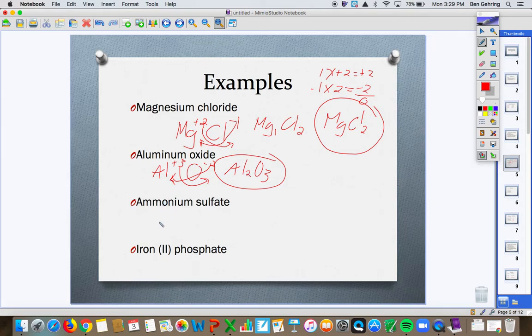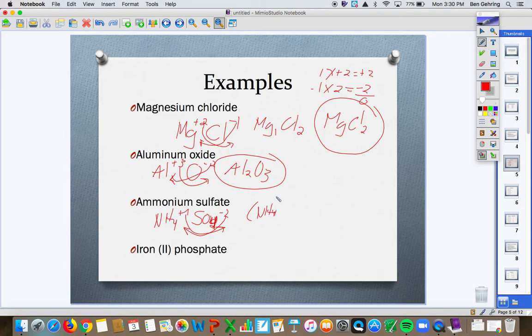Ammonium sulfate. So ammonium, symbol is NH4. Charge is positive 1. Sulfate, formula is SO4, charge is negative 2. I'm going to again cross and drop. This time, because I'm dealing with polyatomics, I'm going to put the whole polyatomic in parentheses.